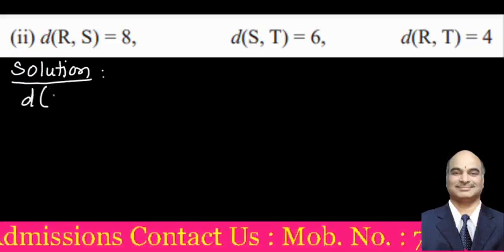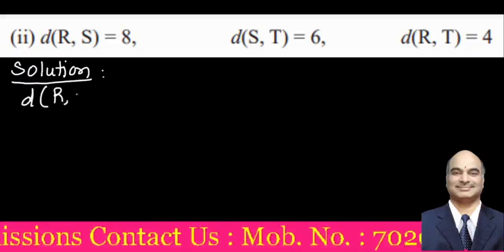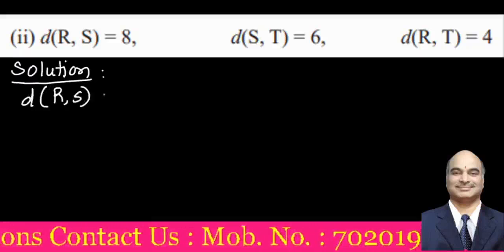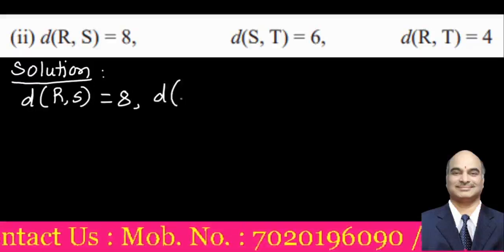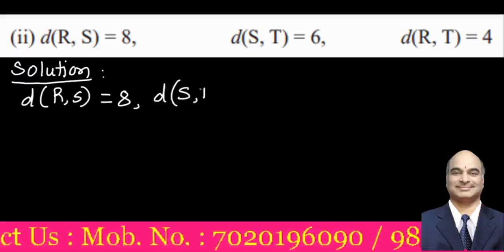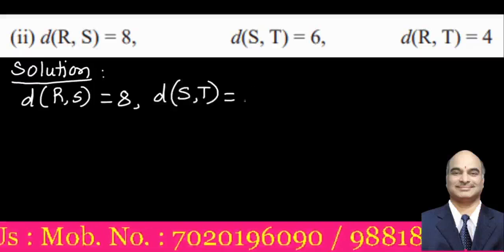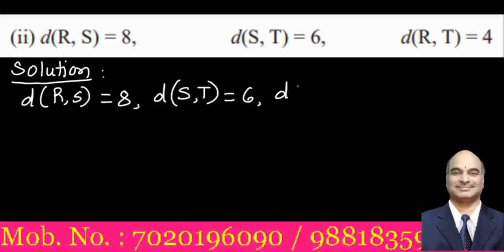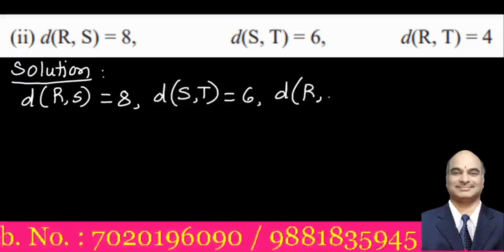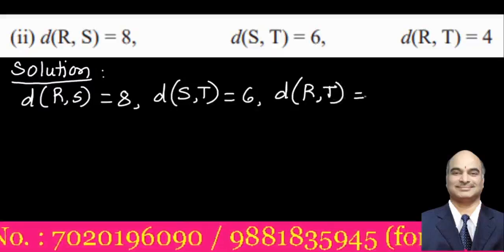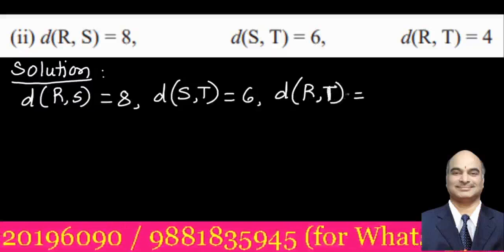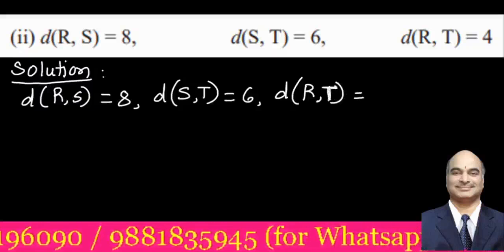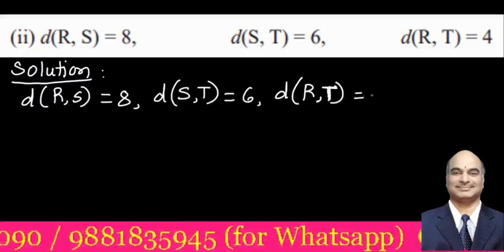So first of all, we write down the information given: distance RS is equal to 8, distance ST is equal to 6, and distance RT is equal to 4.